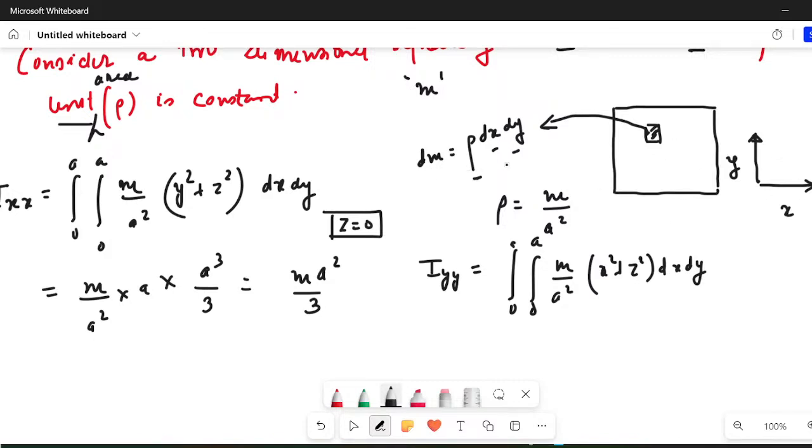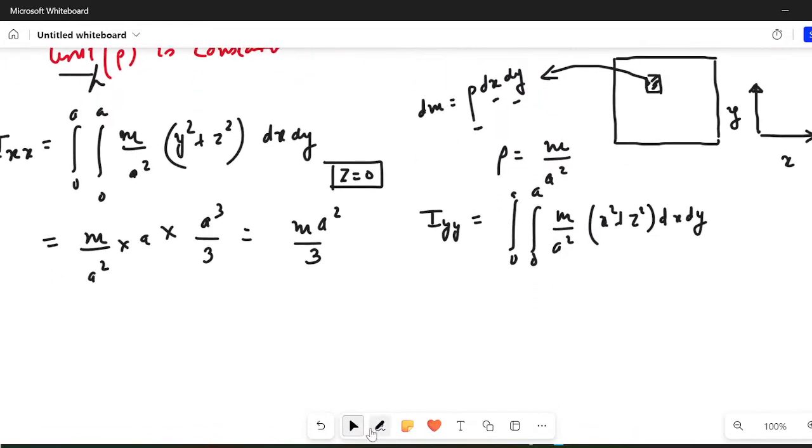If I want to write dm, this would be rho dx dy only. I hope it is quite clear now. And what would be Iy? Again z is 0, so again we'll get m a square upon 3 here.